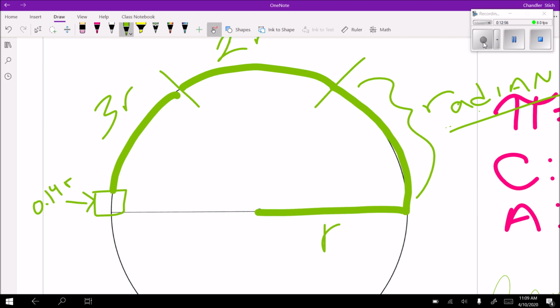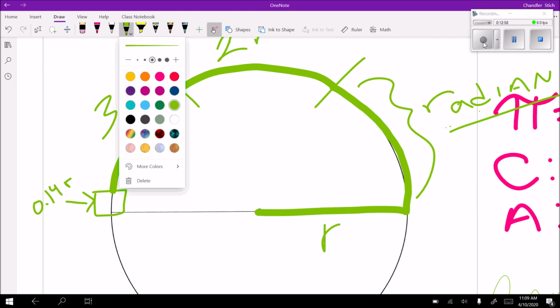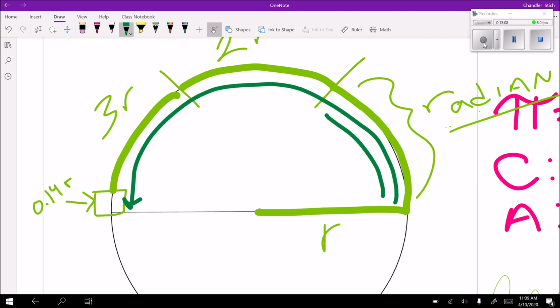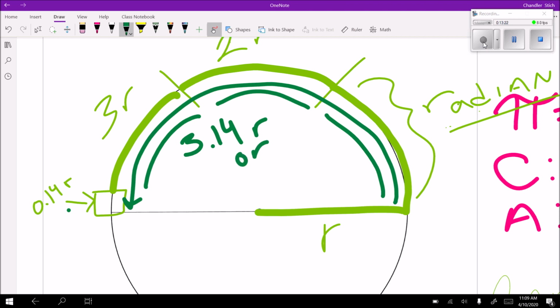So what is this whole thing total? If I start here, and I go all the way around the half circle, the semicircle, that's 1 radian, 2 radians, 3 radians, plus 0.14 radians. That's 3.14r, or pi.